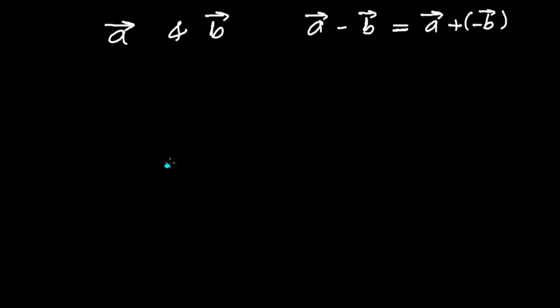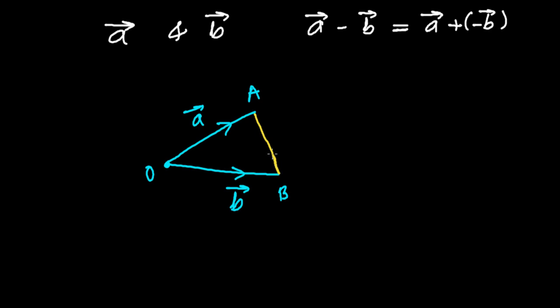Let's say this is my vector A and this is vector B. This is O, A, and B, and now I want to find vector A minus vector B, which is vector A plus negative of vector B. Vector A is OA, plus negative of B. Negative of B is BO.